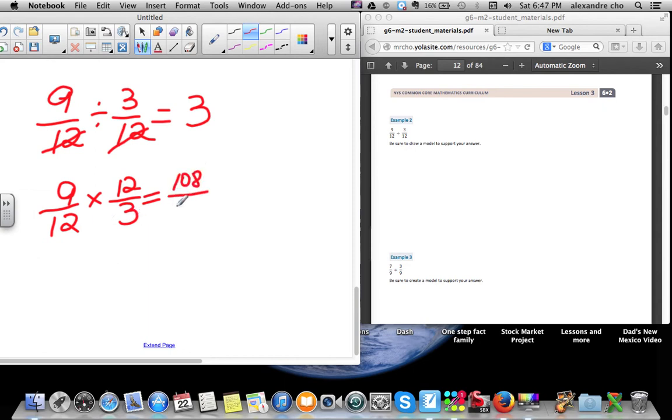And 3 times 12 at the bottom is 36. And 108 divided by 36 gives you 3. Same exact answer.